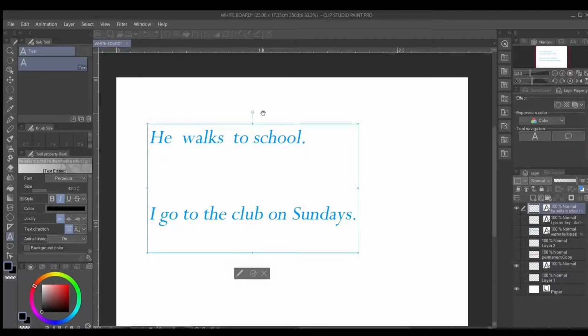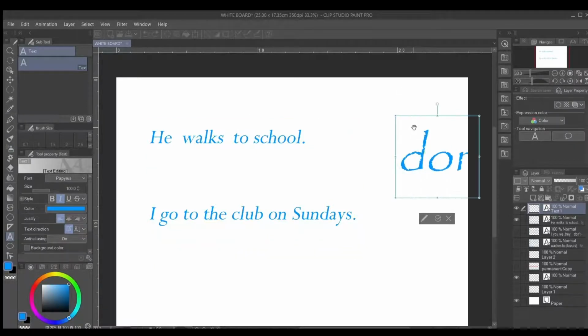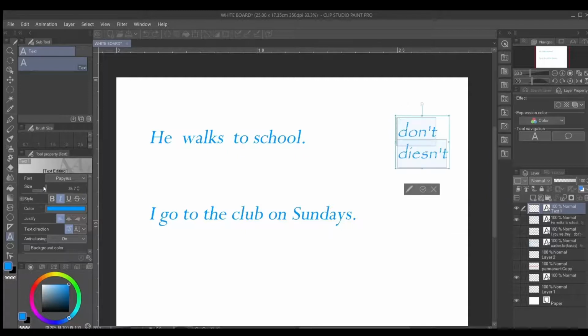So I use don't. Which one has an S? Don't or doesn't. Does don't have an S?